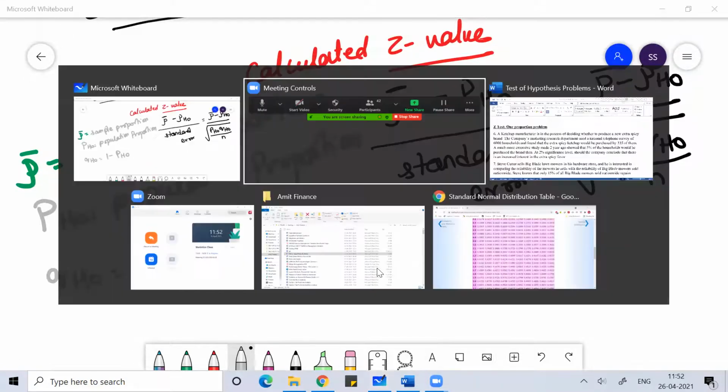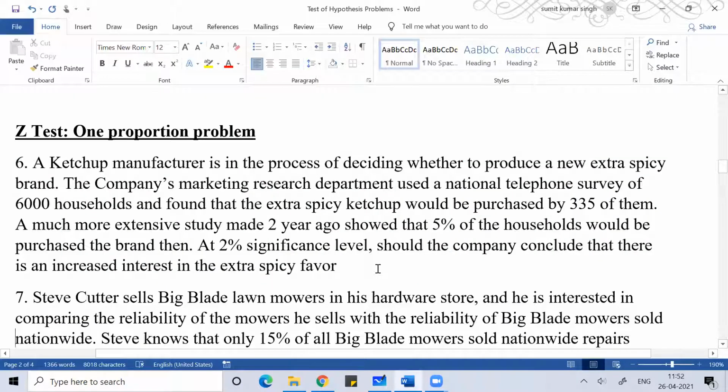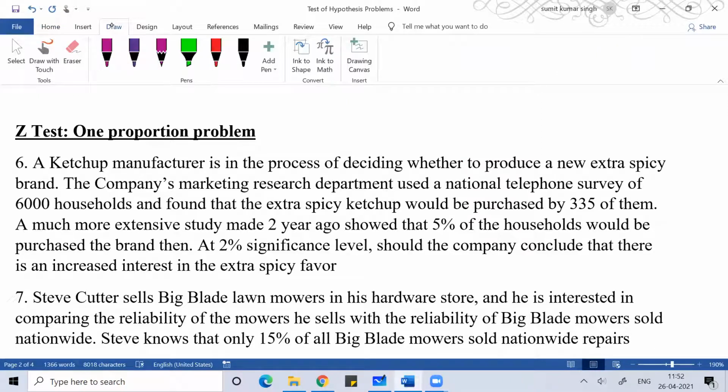If you read this problem, the first problem, question number 6, it is given there's a ketchup manufacturer. They are in the process of deciding whether to produce a new extra spicy brand. The company's marketing research department used a national telephone survey of 6,000 households and found that extra spicy ketchup would be purchased by 335 of them.